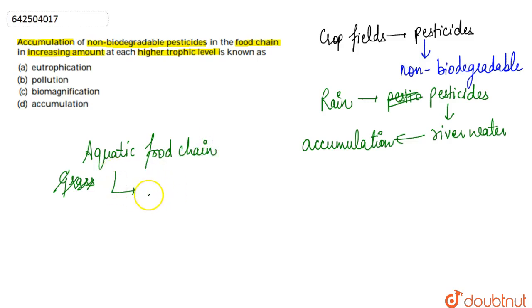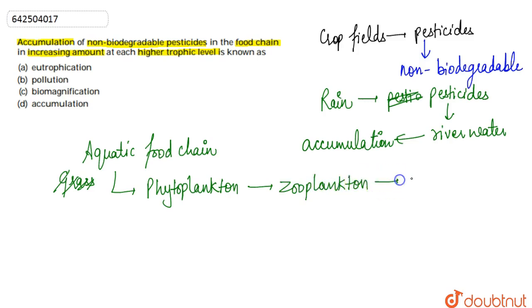For example, the phytoplanktons such as algae are eaten by the zooplankton, the zooplankton is eaten by the small fishes, and then the small fishes are eaten by the humans.